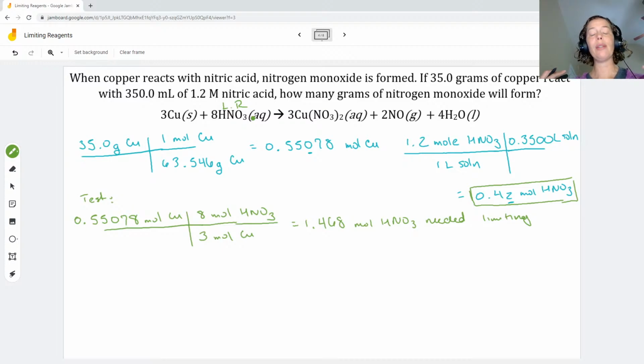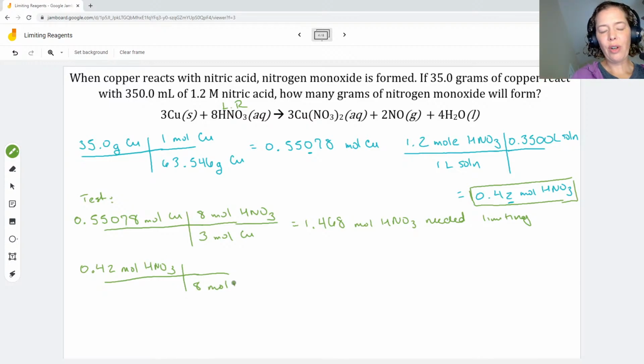Okay, so let's say that you decided not to test your copper. Let's say you wanted to test your nitric acid first. That's totally fine. So starting with moles of nitric acid. Again, the question here is, if I'm going to react all of my nitric acid, how much copper am I going to need?